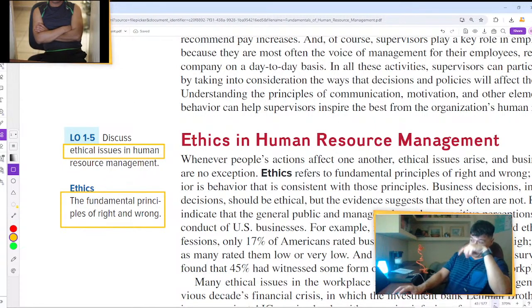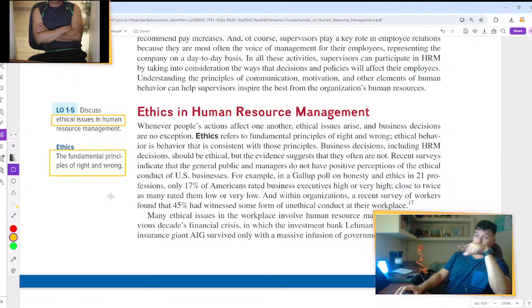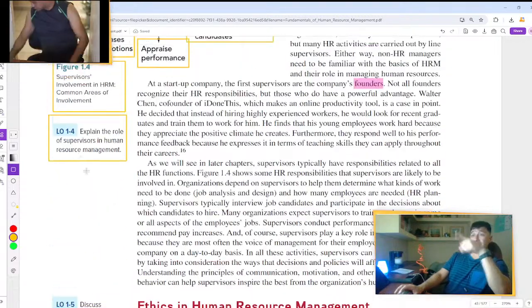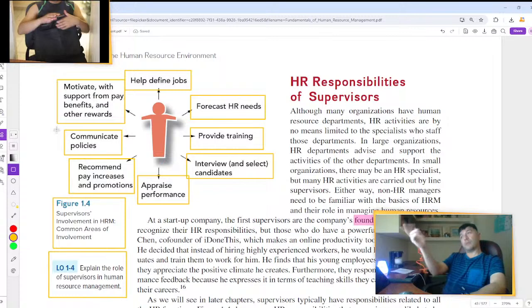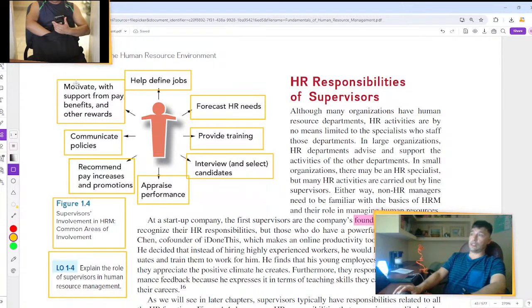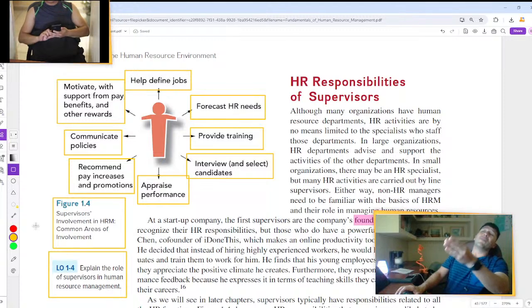We're on page 43. For homework, I want you to review lesson objective number 4, which is the responsibilities of supervisors in human resource management and their common areas of involvement.